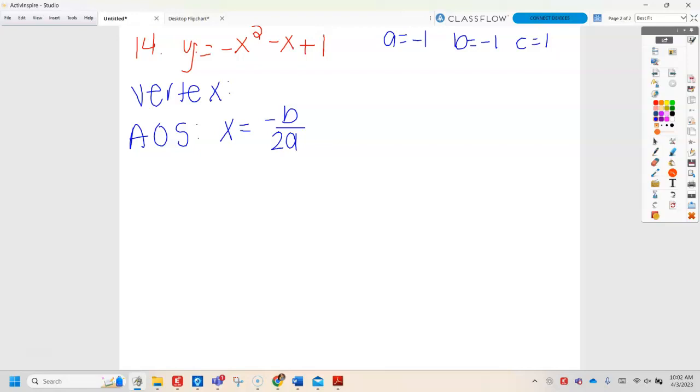So my AOS, which is my h, would be negative b, which is -1, over 2 times -1. Two negatives would make a +1 on top over -2. That means my vertex is shifted a half a unit to the left.